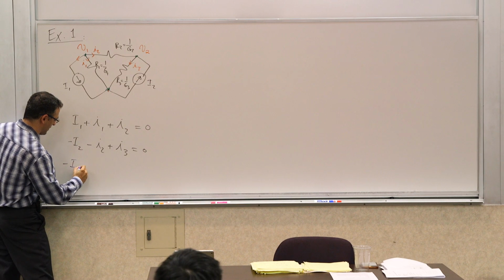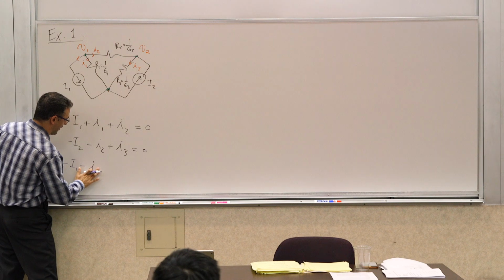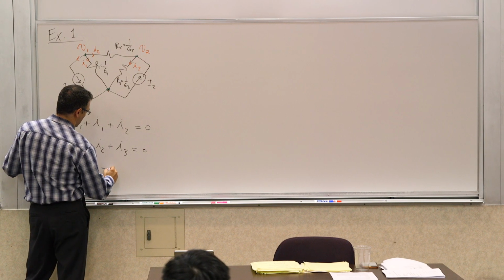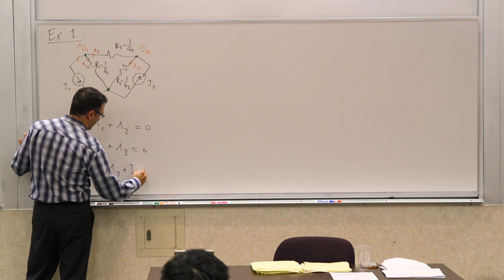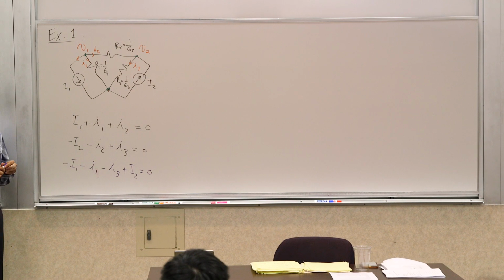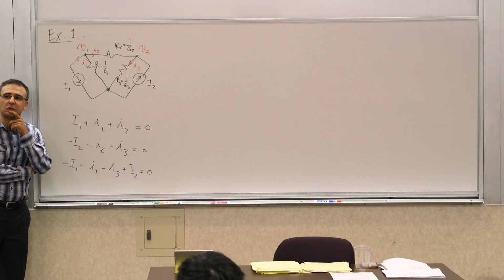Negative I1 minus small I1 minus small I3 plus I2 equals 0. So there's a third KCL, right? That's exactly right. Thank you. So this third KCL for this third node, does it tell me anything new?